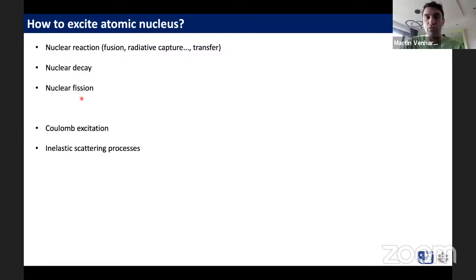And also if you make nuclear fission, you split the nucleus into 2 or 3 or 4, but these fragments are highly excited and emit gamma rays. In other processes you start from the bottom, from the ground state. You can either Coulomb excite the nucleus or use some inelastic scattering process. For example, you let high energy gamma rays scatter on the nucleus, excite it, and then measure the excitation.